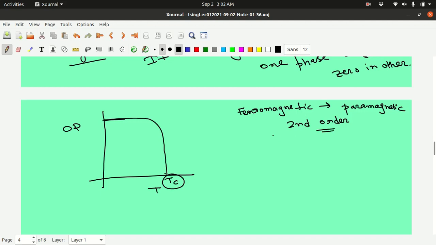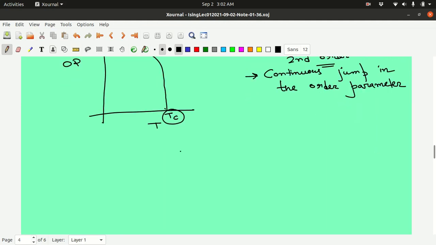So it will show a continuous jump in the order parameter. But if you have a first order phase transition, this jump is discontinuous.